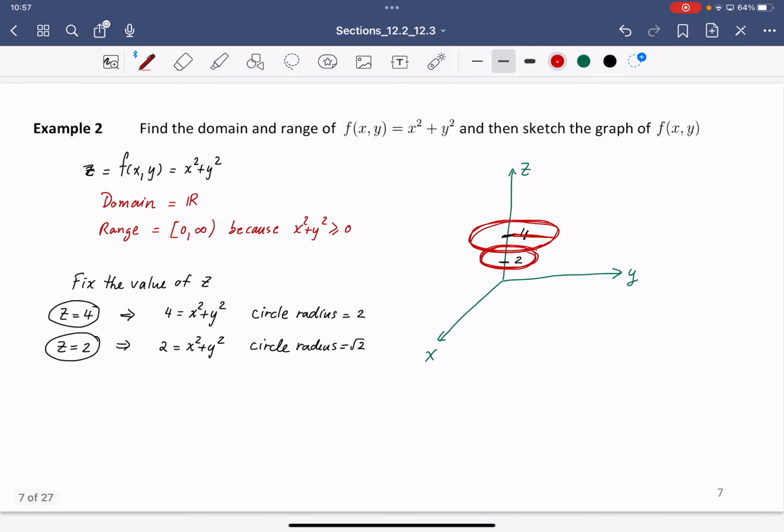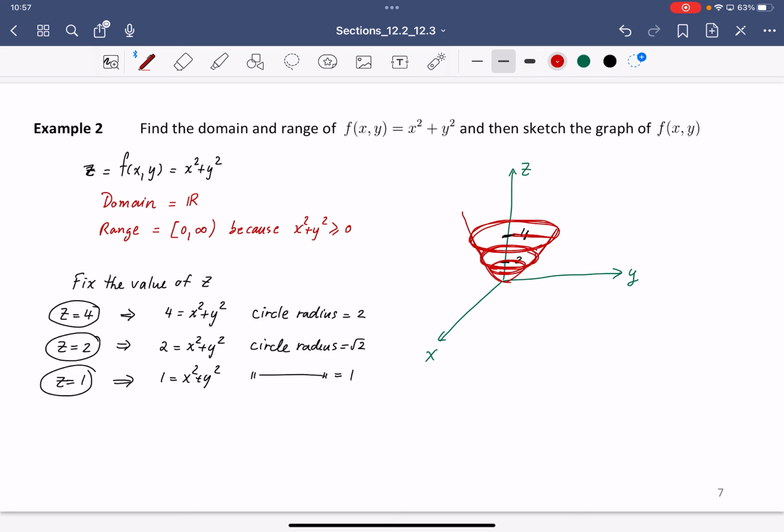And then when z equal to 1, you're going to have 1 equal to x squared plus y squared, and this is a circle with radius equal to 1. So it's going to be a little circle here. And then if you keep going, you can imagine that at the end it's just going to combine, and you get something like a cup here.